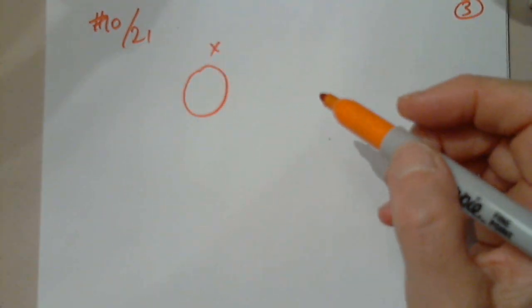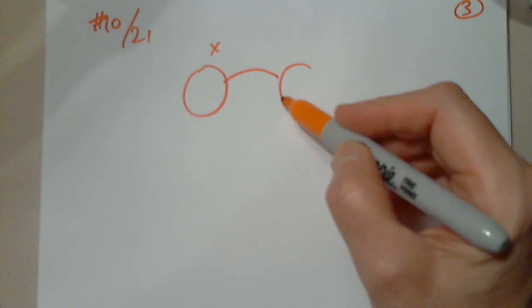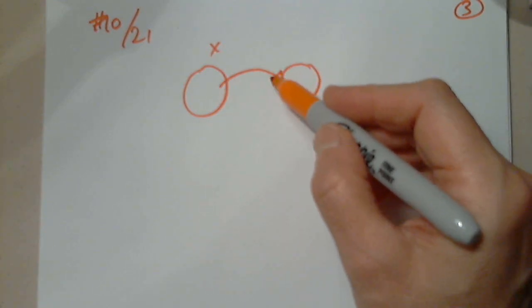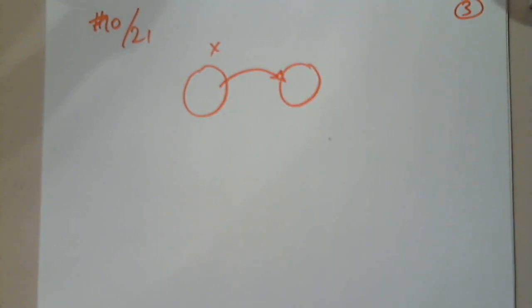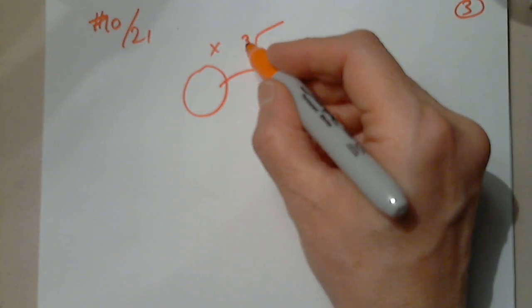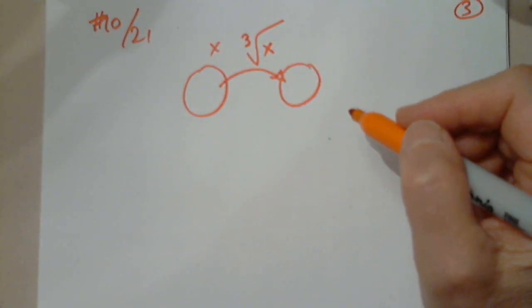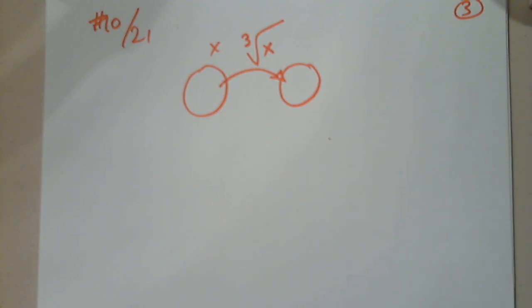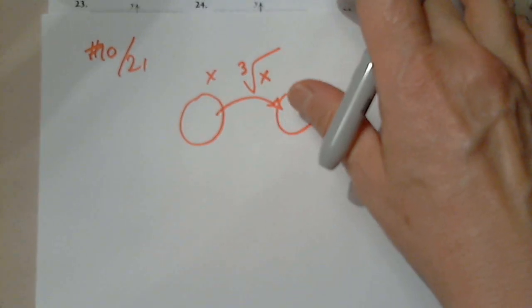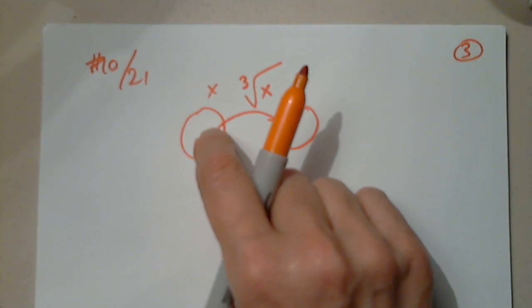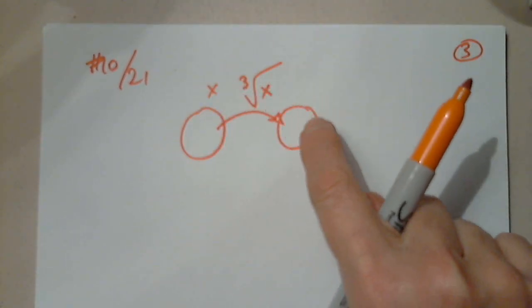So in number 10, on page 21, we have a set of numbers, x. We have a correspondence, and the correspondence, they say, is the cube root. And we have another set of numbers. Is this a function? In other words, my question is, for every x value, do I get just one y value?